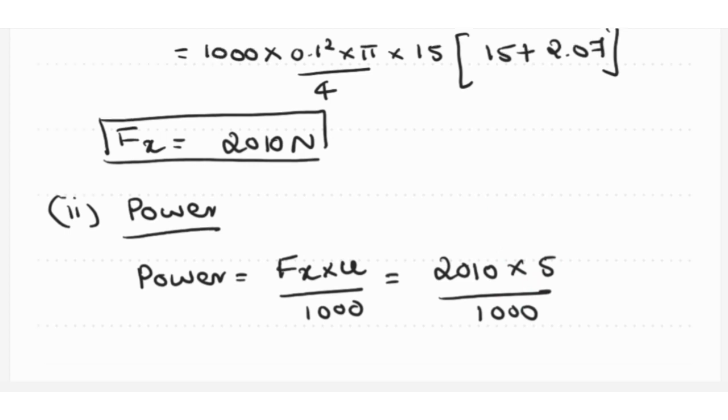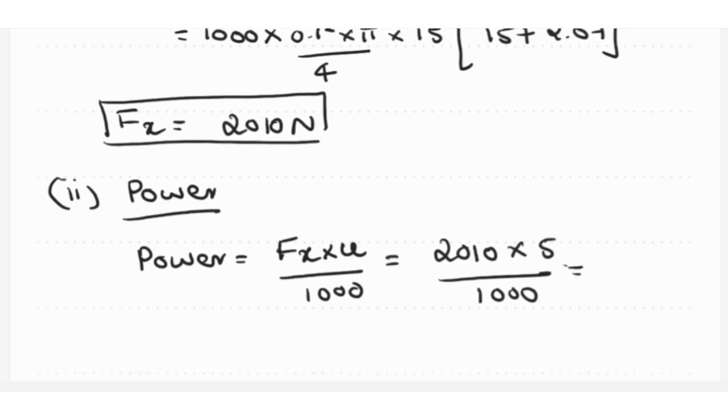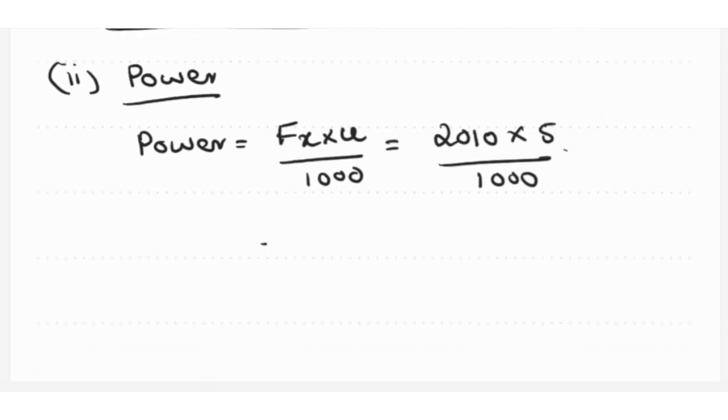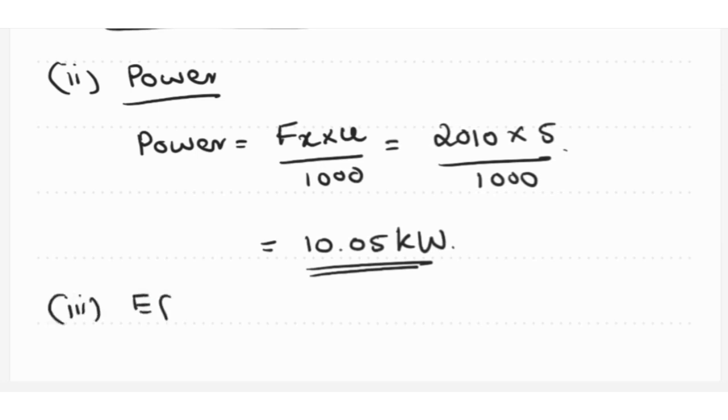So we will get around the value is equal to 10.05 kilowatt. So moving on, the third one is the efficiency.